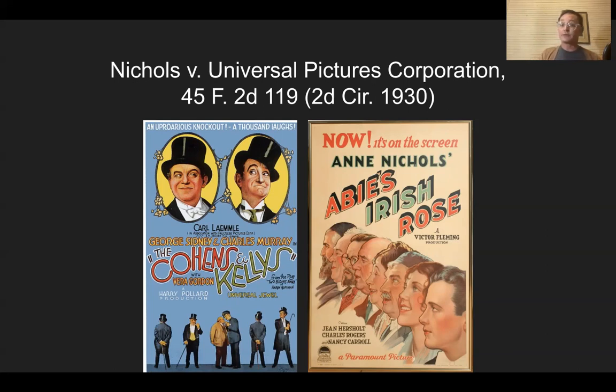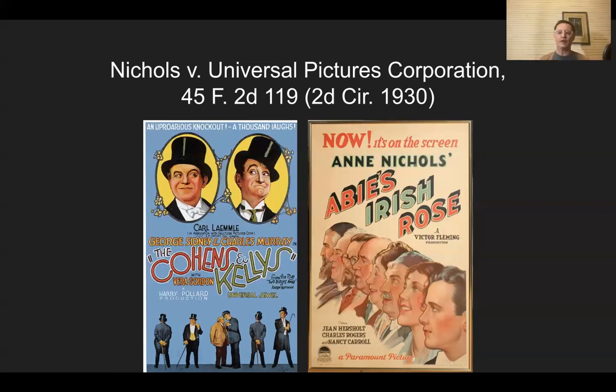And it was a relatively successful film as well. And so the producers of the play, the Cohens and the Kellys, brought a copyright infringement action against Universal on the ground that the motion picture infringed on their copyright in the play.